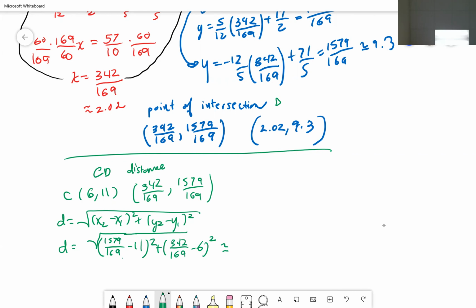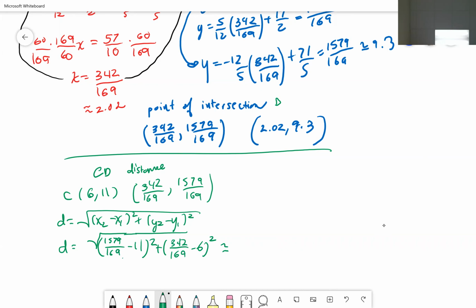I'm going to try to do it in one shot. I take 1,579 divided by 169 minus 11, but then I have to raise that to the second power. And then plus parentheses 342 divided by 169 minus 6, raised to the second.